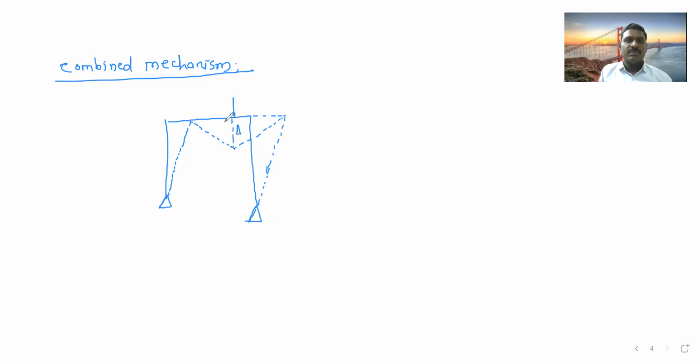So this is the displacement of the beam and this is the displacement of the column. This delta is the displacement here; we will call this delta 1 and this delta 2. So this is a 100 kilonewton load.